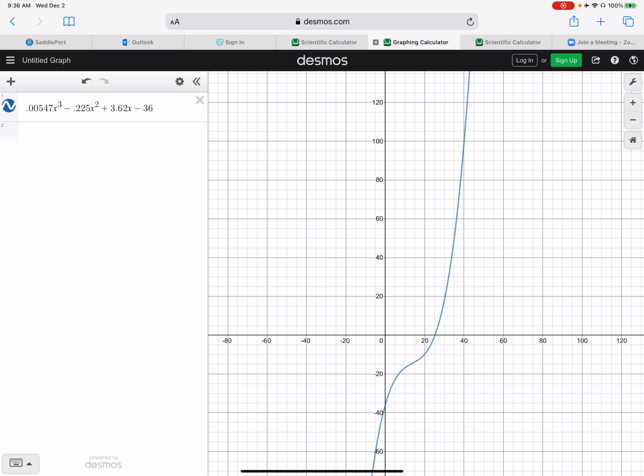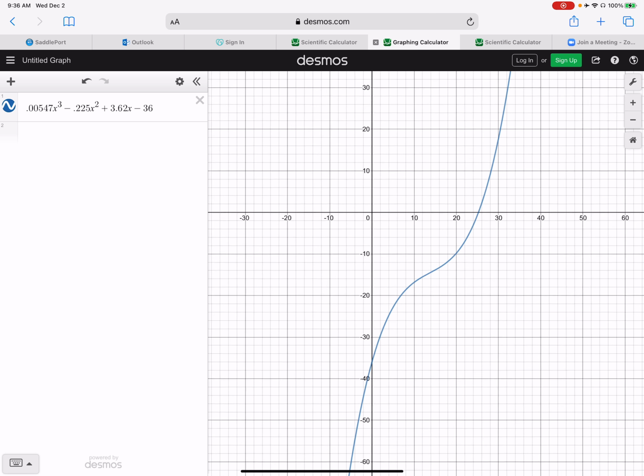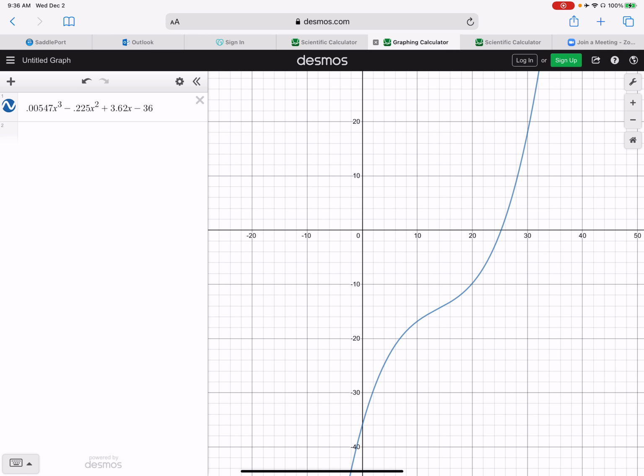There's something. So on this, I want you to put the window that you use. So I'm really looking for this 0. And that's at 25.246. And so go back and sketch this graph. Do a little sketch of it.